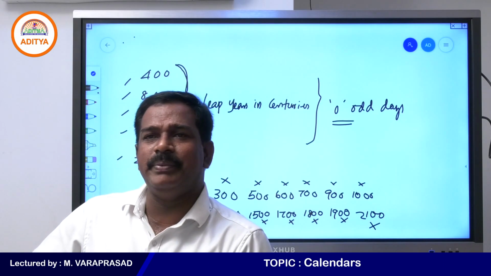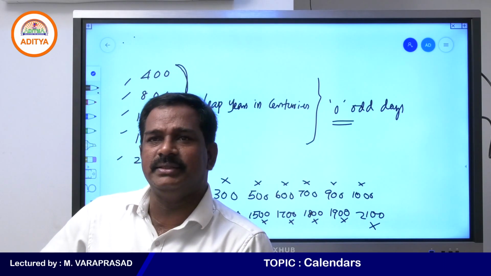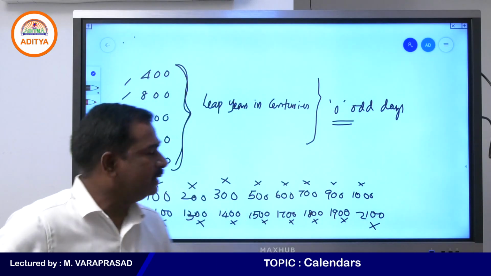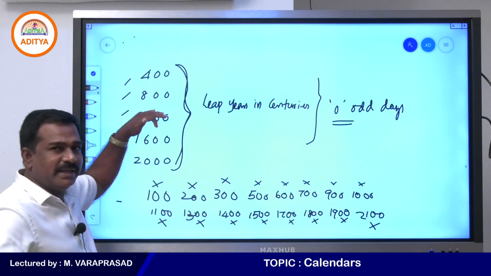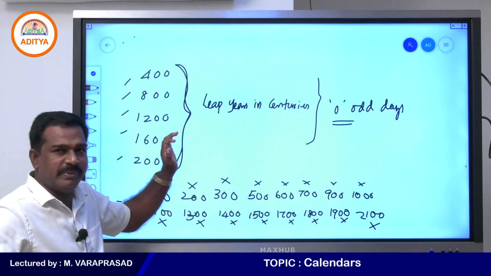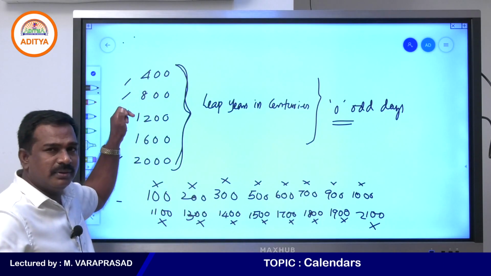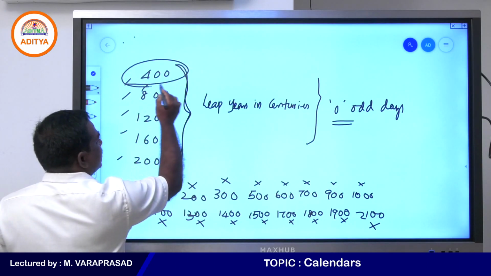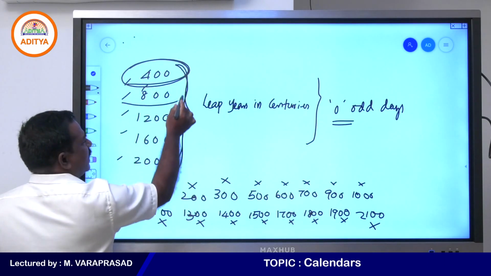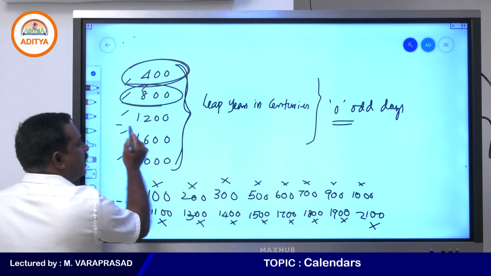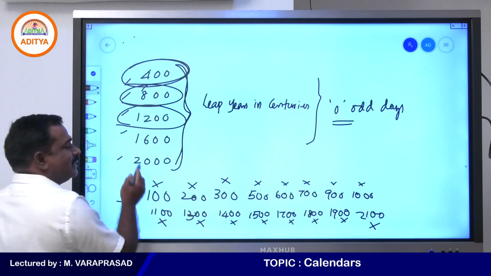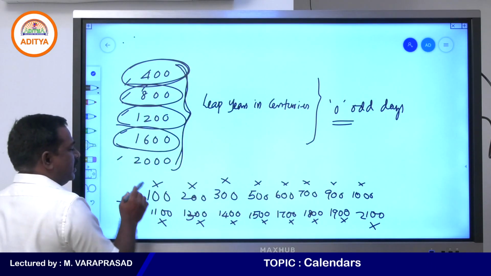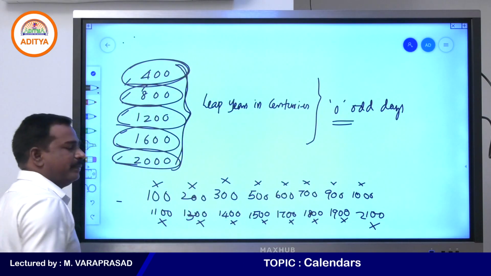Century leap years means leap years in centuries. These are the years in centuries which belong to leap years, meaning February will have 29 days. So 400 is a leap year in century, 800 is a leap year in century, 1200 is, 1600 is, 2000 is a leap year in century.